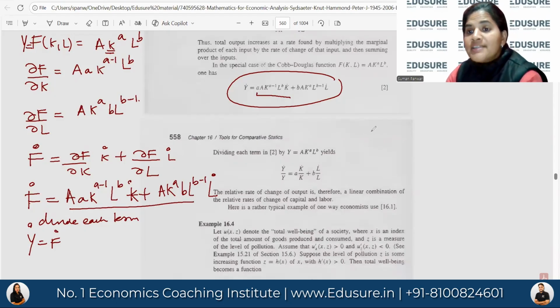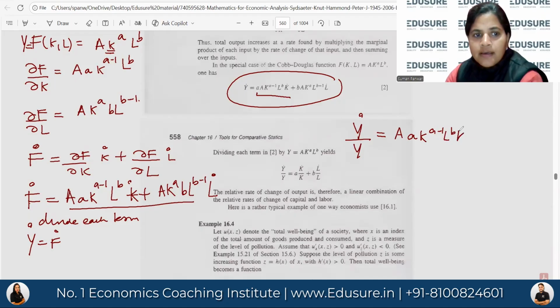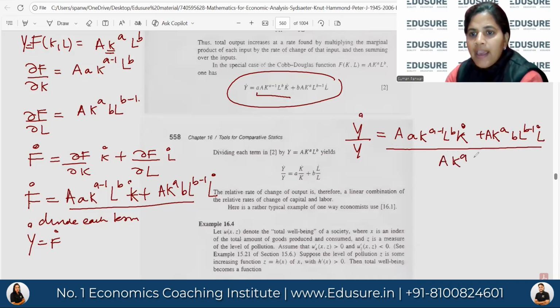So divide both sides by y. So y dot upon y will be equal to A a k^(a-1) l^b, k dot, plus A b k^a l^(b-1), l dot, and I am dividing with A k^a l^b.